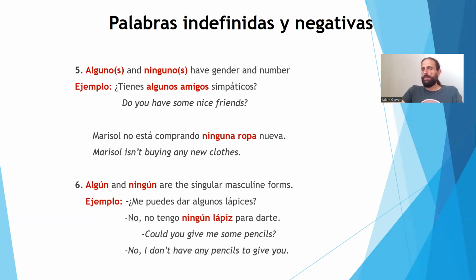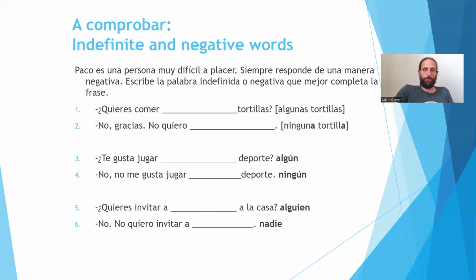Let's see if we can take these ideas and work them into some exercises. So what we have here. ¿Quieres comer blank tortillas? Well, do you want any tortillas? What we need here is algunas tortillas. Why algunas tortillas? Because tortillas is feminine and plural.